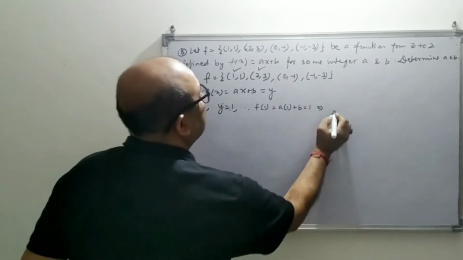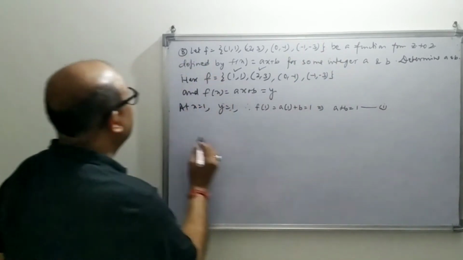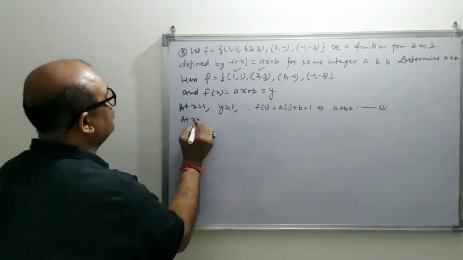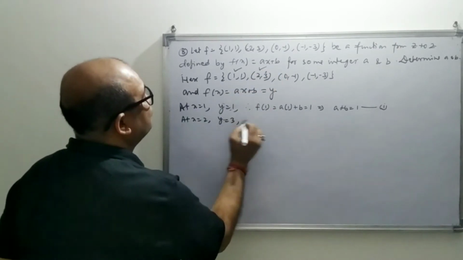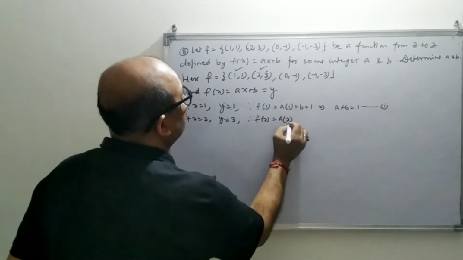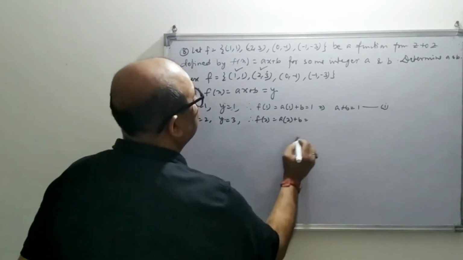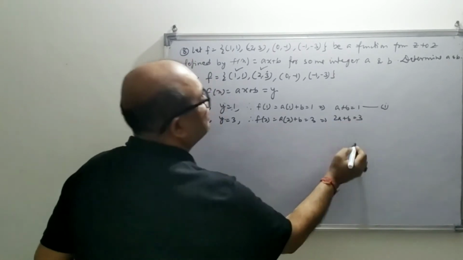That gives you a plus b equal to 1, equation 1. Second one, at x equal to 2, y equal to 3. Therefore, f(2) equals a into 2 plus b equal to 3. That means 2a plus b equal to 3.